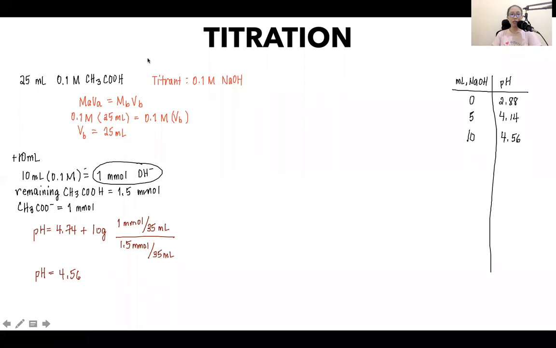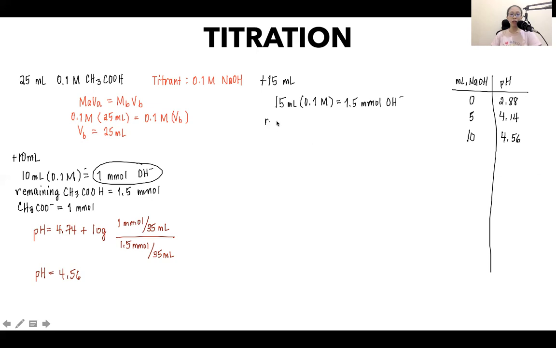Okay, so let's proceed. Let's say we added a total of 15 ml. So I'm getting another point and then we will proceed to the equivalence point. Let's say 15 ml total of sodium hydroxide solution was added. It's the same process. So you multiply 15 ml by the concentration of our titrant, and this will give you 1.5 millimole of hydroxide. Again, these hydroxide ions will neutralize the same amount of acetic acid.